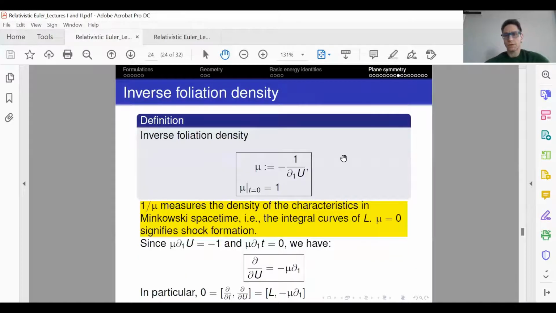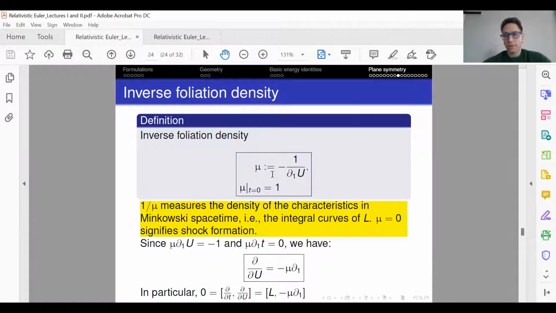One can introduce geometric quantities such as mu, whose reciprocal, 1 over mu, measures the density of the characteristics in Minkowski space. Some of you may know this by a different name from other literature. This is also known as the null lapse in a different but equivalent context.